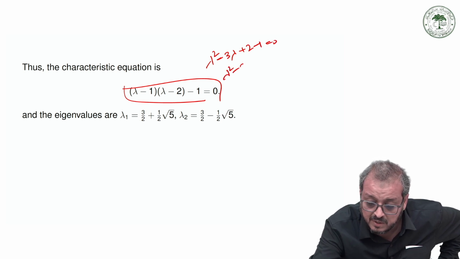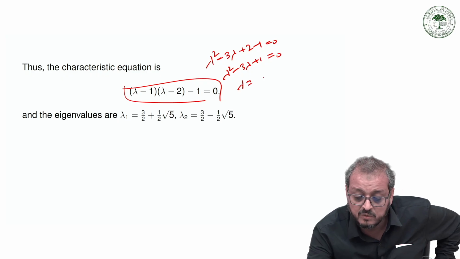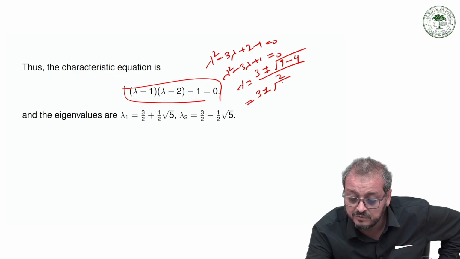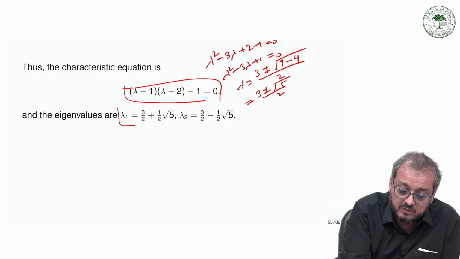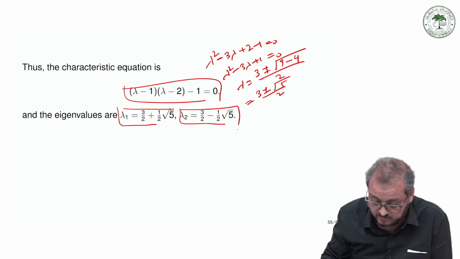So lambda square minus 3 lambda plus 1 is equal to 0. This means lambda is equal to 3 plus minus root of 9 minus 4, upon 2, which is 3 plus minus root of 5 upon 2. So lambda 1 is 3 plus root 5 by 2, and this is equal to 3 minus root 5 by 2.